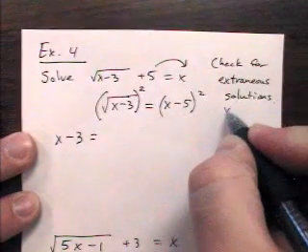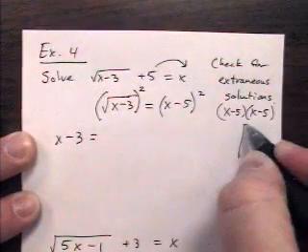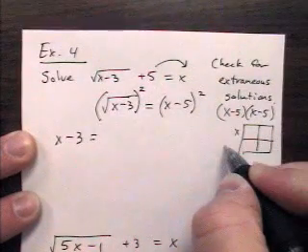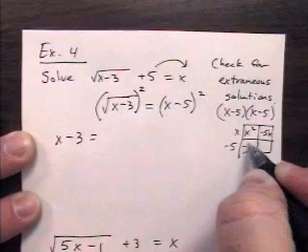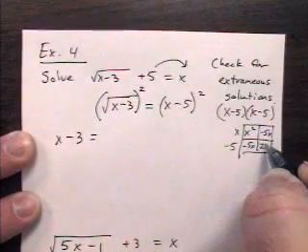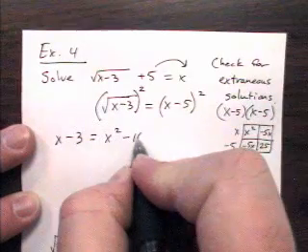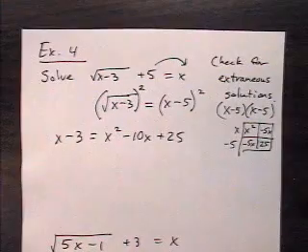I'm going to have to FOIL that, right? X minus 5 times x minus 5. Pick your favorite method on how you want to FOIL that. We got x squared minus 10x plus 25. Now, interesting.